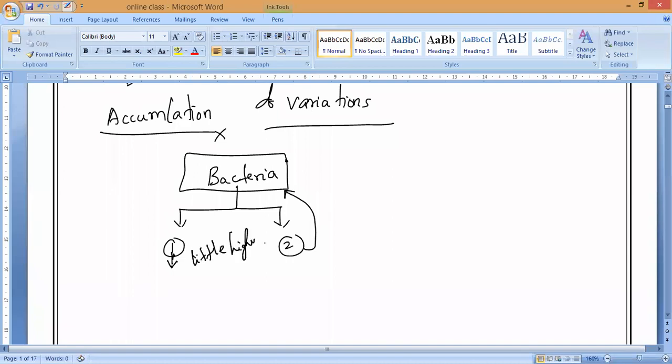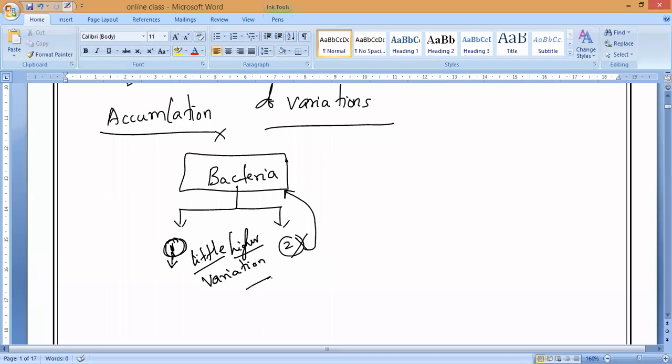Usually bacteria cannot survive at high temperatures. But due to some variation, one of the daughter cells coming from the main parent may survive at high temperatures. So the variation takes place at this generation.